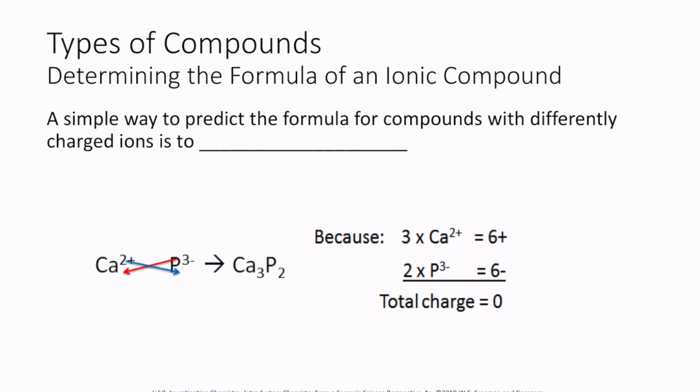So let's look at a simple way to predict the chemical formula. A simple way to predict the formula of the compounds with different charged ions is to cross the charges.